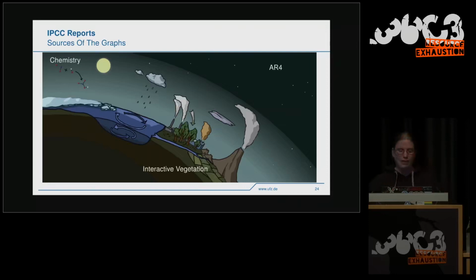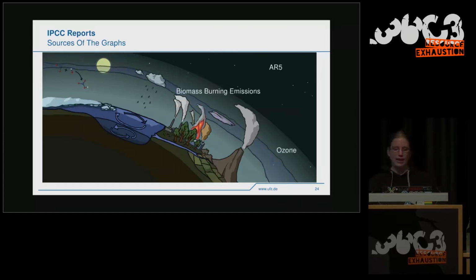For the AR4, there was chemistry added in the atmosphere and interactive vegetation. And for the AR5, there was ozone added and biomass burning emissions.